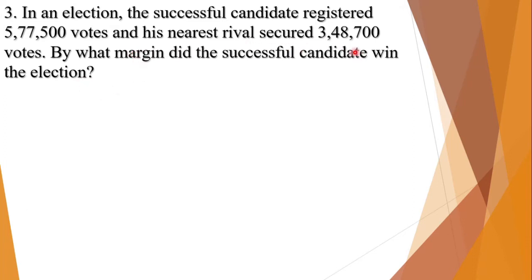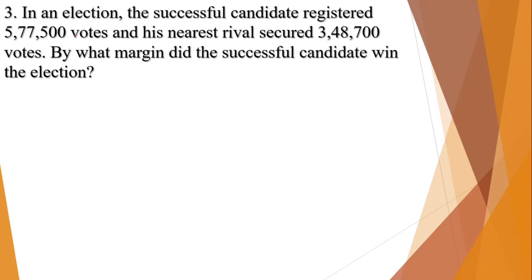Right? Now, the successful candidate's votes will be more than his nearest rival's votes. Right? Then, they are saying by what margin? So, by what margin did the successful candidate win the election? Means, by how many more votes did the successful candidate register?